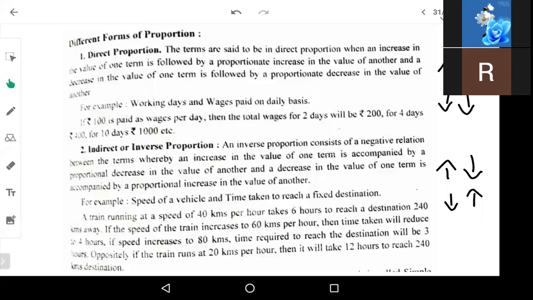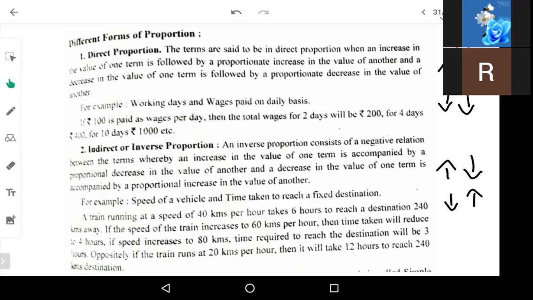If you see the example here, working days and wages paid on daily basis. Let's say A is a person who is getting wages on daily basis. He is a daily wage worker. If he works for the whole day, he is paid the salary for that day.